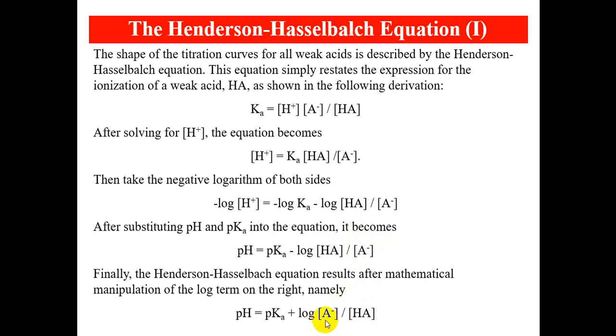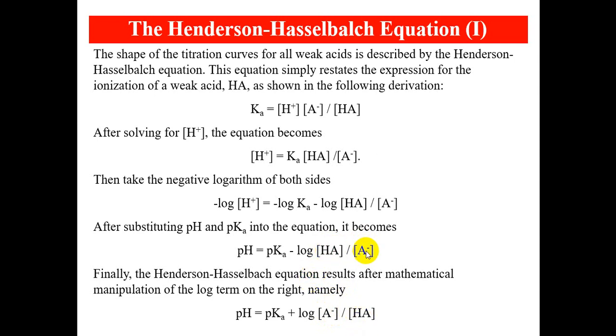So now instead of having HA in the numerator, it becomes A minus, the weak base concentration, over HA, the weak acid concentration.